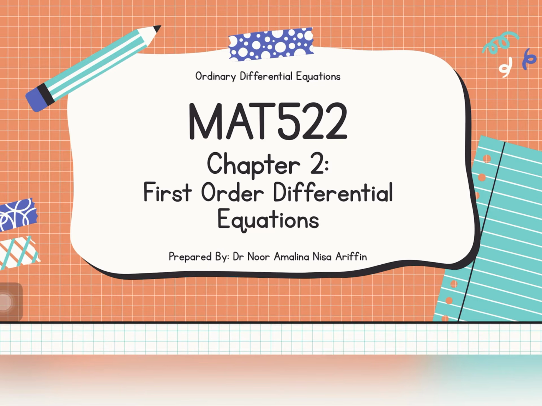And then we categorize according to the degree, where the degree is the power of the highest derivative. And the last one, we learned how to categorize our differential equation according to linearity. So we have either a linear differential equation or a non-linear differential equation.